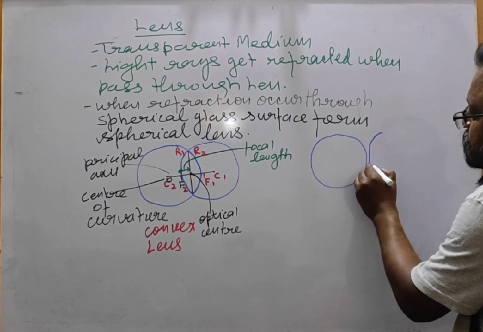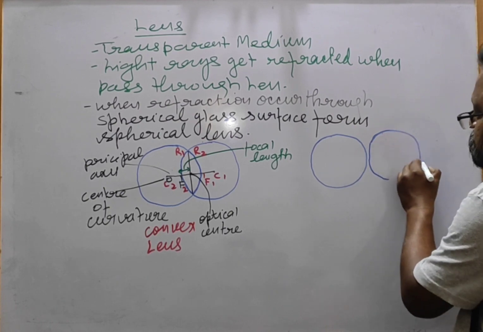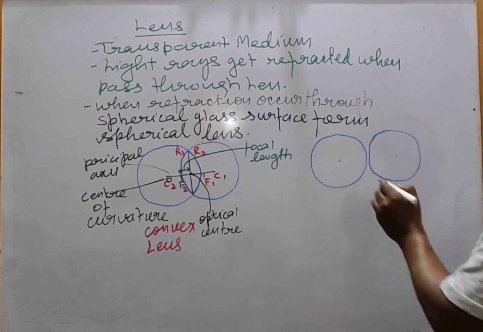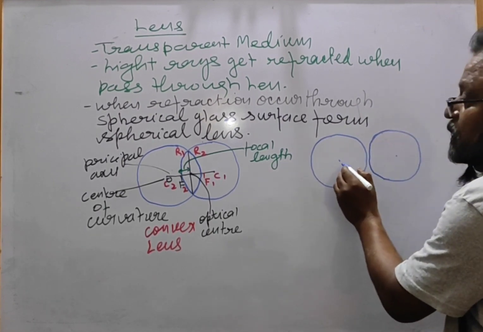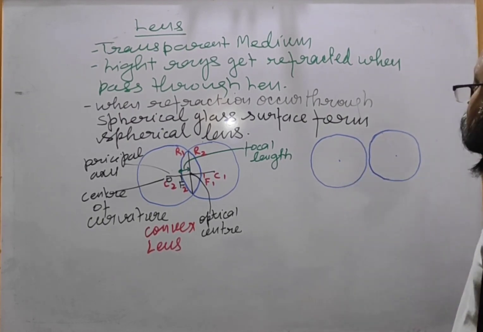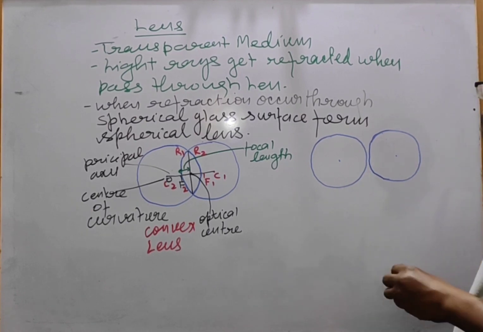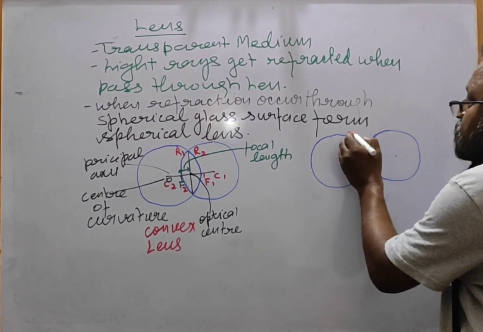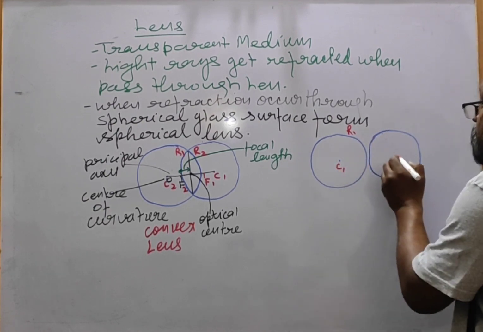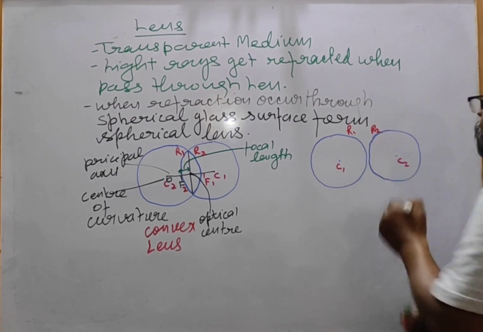This is refracting surface 1, so this is C1, and this is refracting surface 2, so this is C2, right?